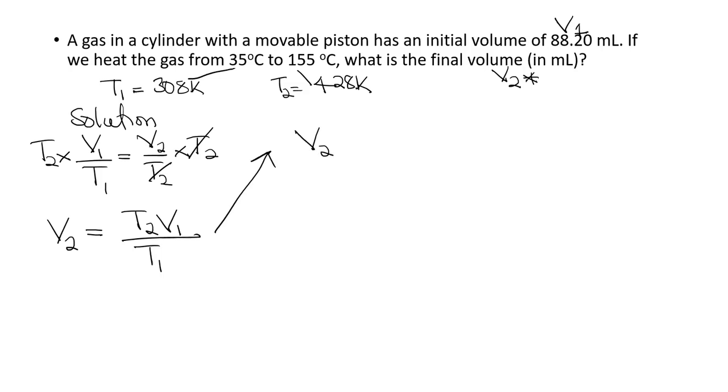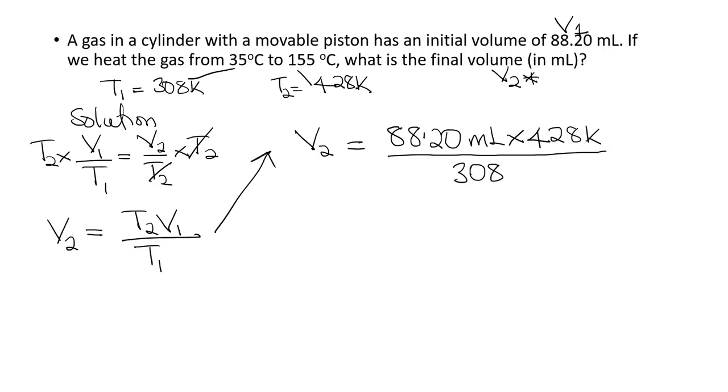So we will say V2 is equal to 88.20 milliliters times 428 Kelvin, that is the temperature, divided by 308 Kelvin.